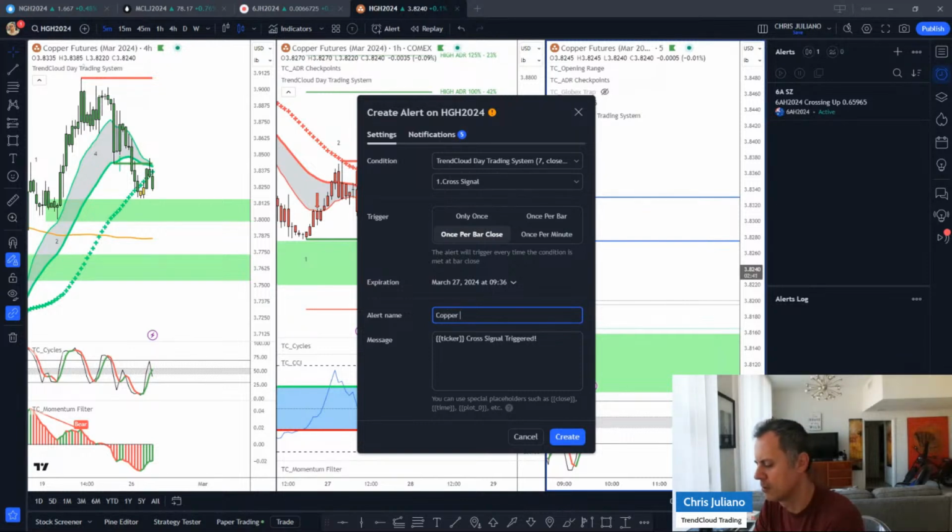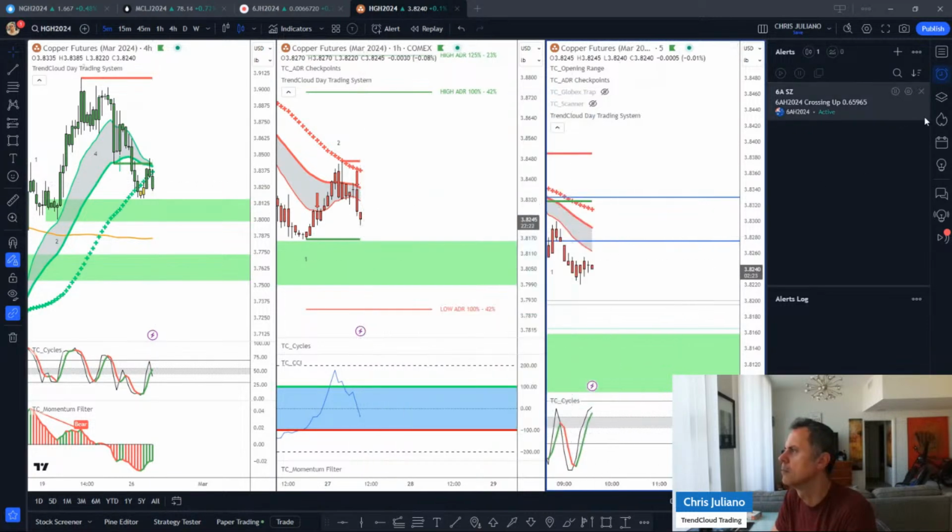Copper. Trend reversal up. Make sure it triggers or calculates. There you go. Okay.